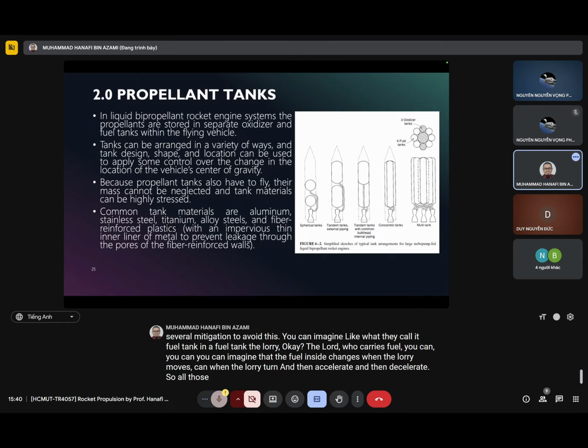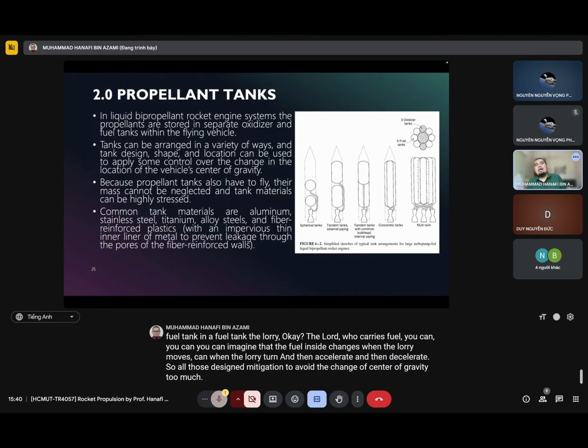All those designed mitigations are to avoid changing the center of gravity too much. There are several methods to avoid this.